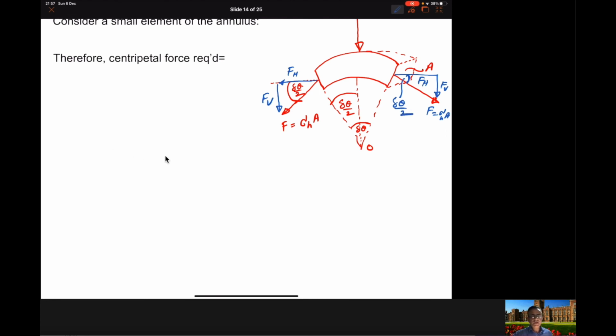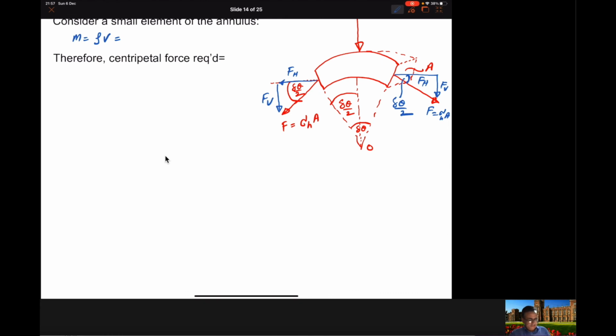Okay, so if you want to calculate the mass of the flywheel initially, the mass is obviously equal to density times volume of the rim.